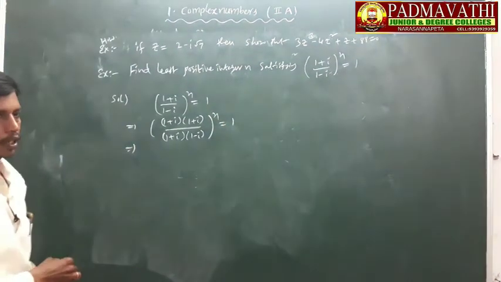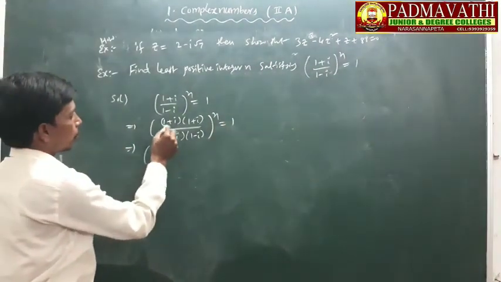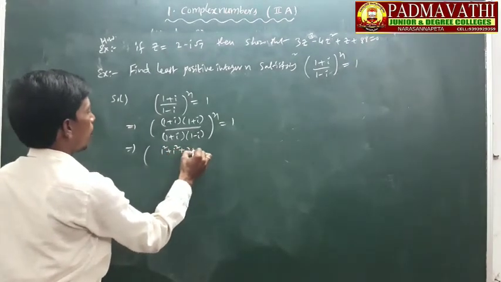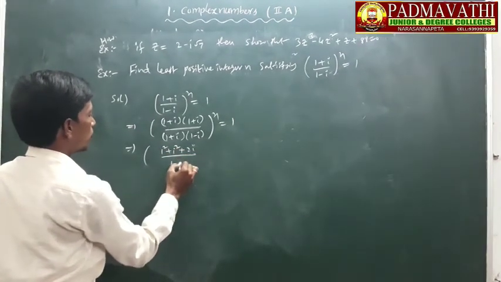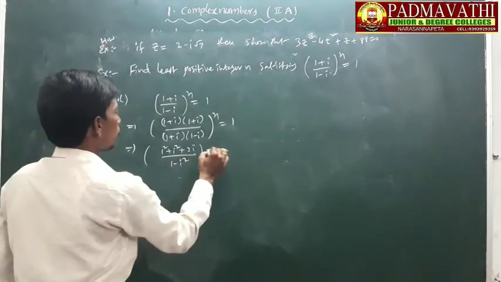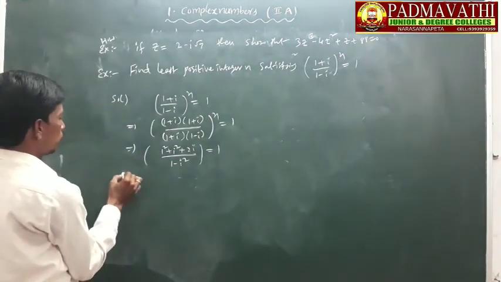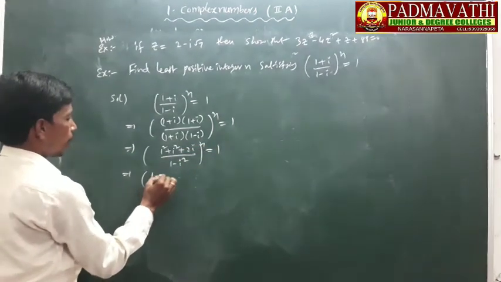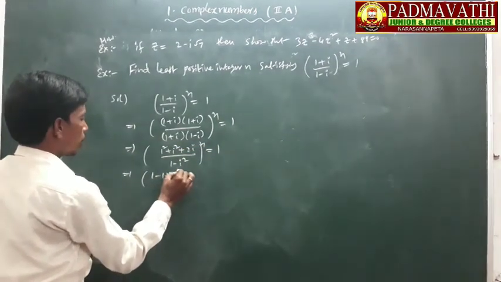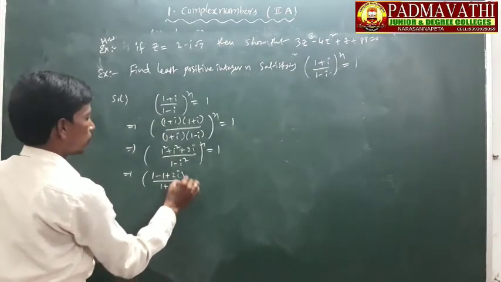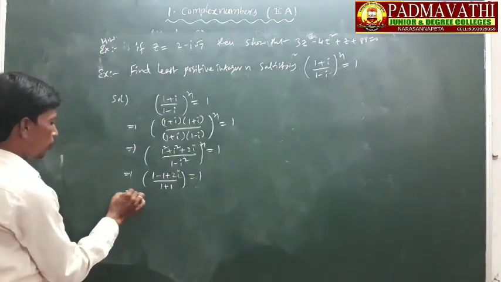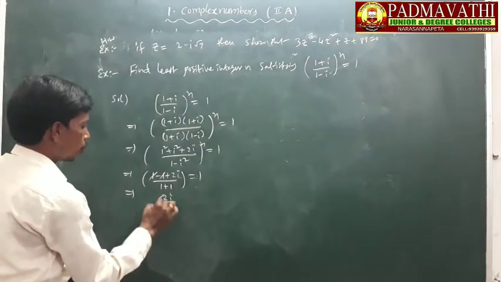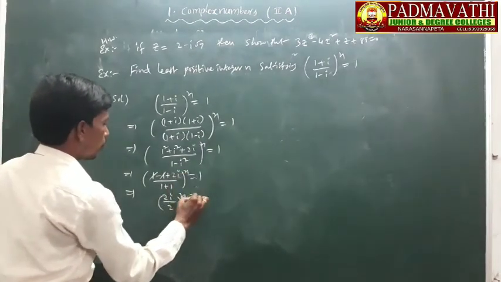That implies (1 plus i) whole square, 1 square plus i square plus 2i, by 1 minus i square, whole power n equal to 1. Now that implies (1 minus 1 plus 2i by 1 plus 1) whole power n equal to 1. These two cancel. (2i by 2) whole power n equal to 1.